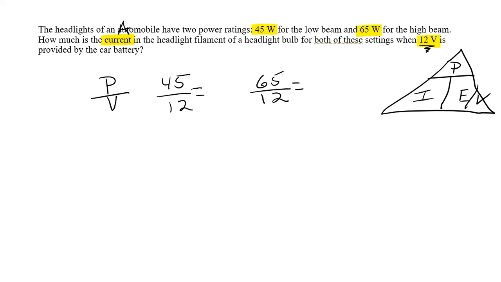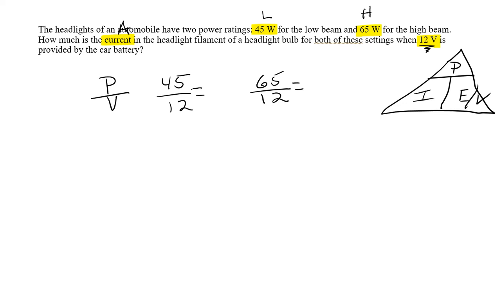In a car you have high beams and low beams, really bright lights or dim lights, and each one uses a different wattage. If you put a 100-watt light bulb in your bedroom, it's really bright, and if you put a 25-watt light bulb in your room, it's really dim. So this is going to be the low, and this is going to be the high beams.